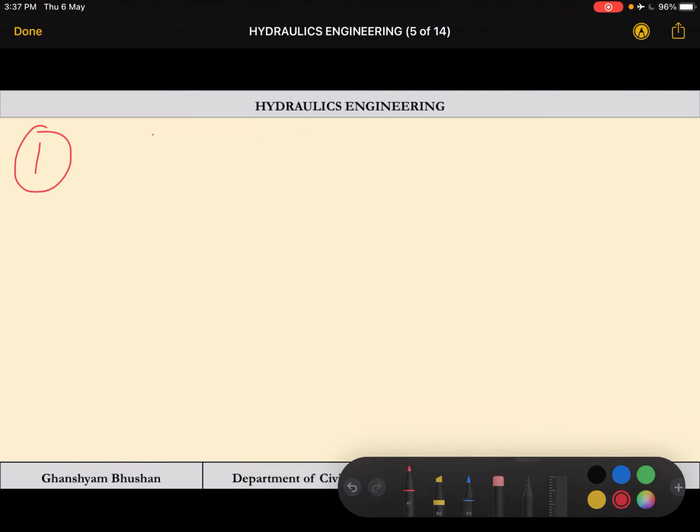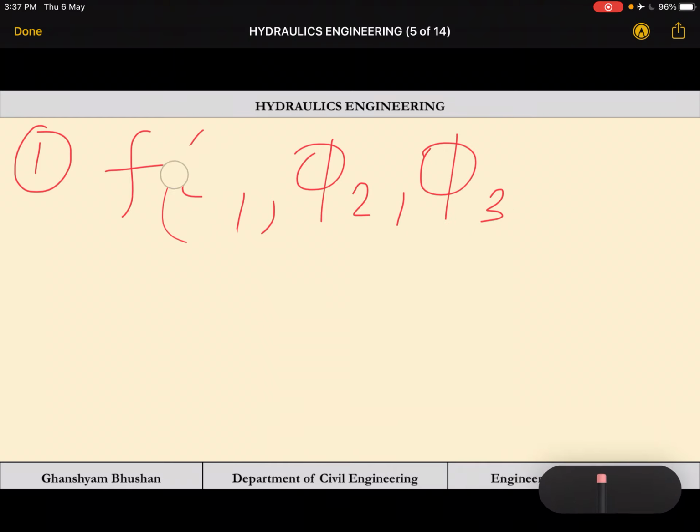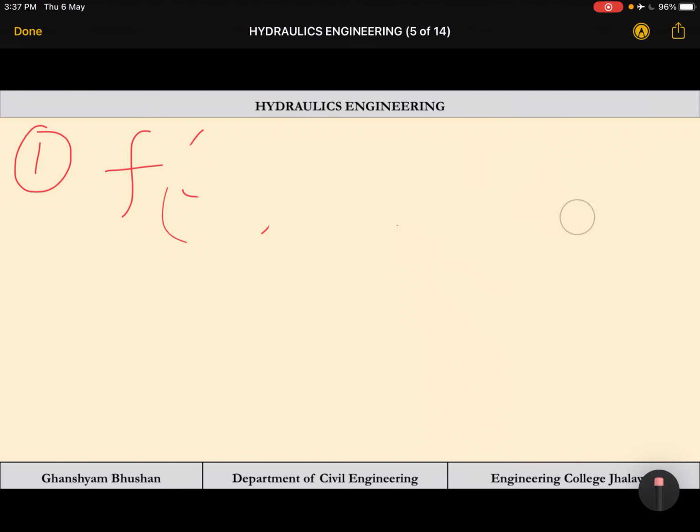What is the basis of this theorem? All the variables, pi1, pi2, pi3 and so on, the function is 0. Let us directly use pi only, so confusion will not be there.